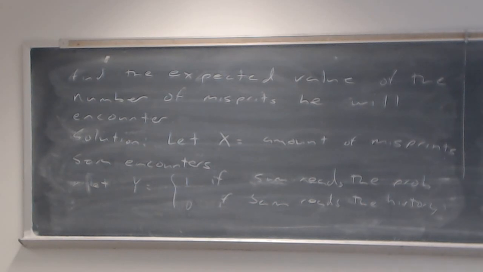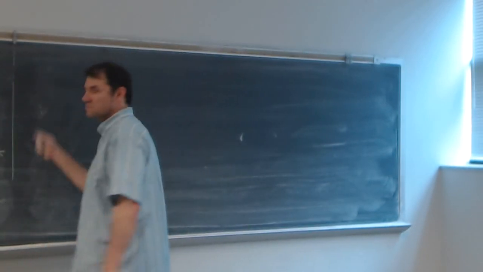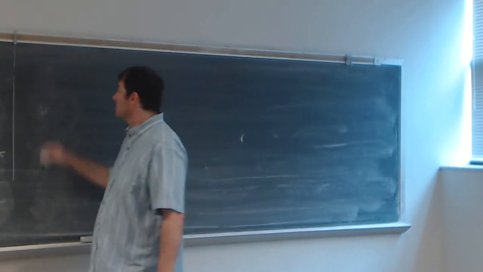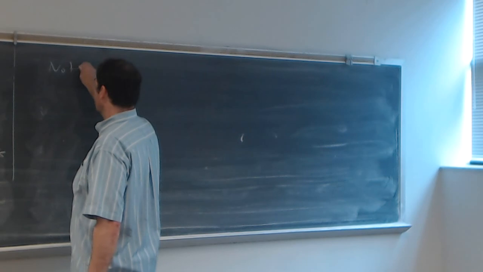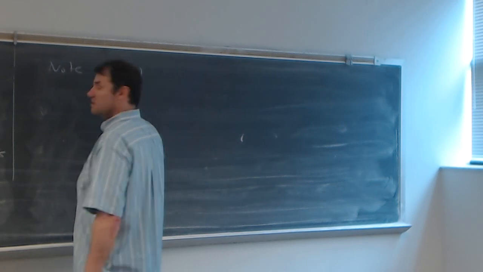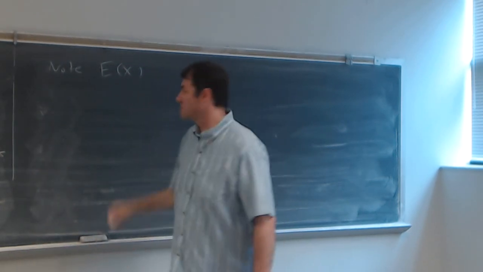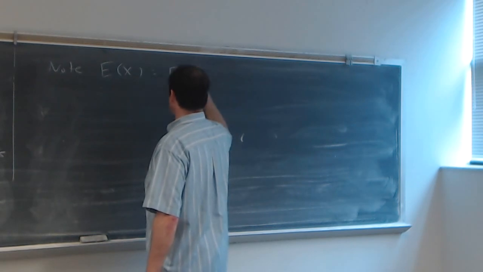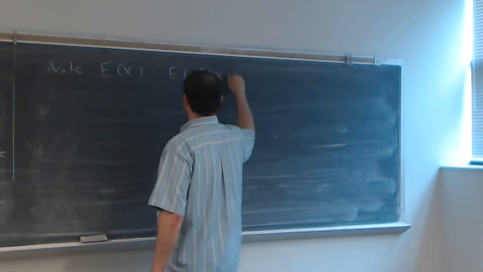So this puts me in a position where it's easy to compute the expected value of x. That's what we're looking for. We're conditioning, of course, on which book he chooses. Expected value of x, the expected value of the number of misprints, equals the expected value of the expected value of x given y.